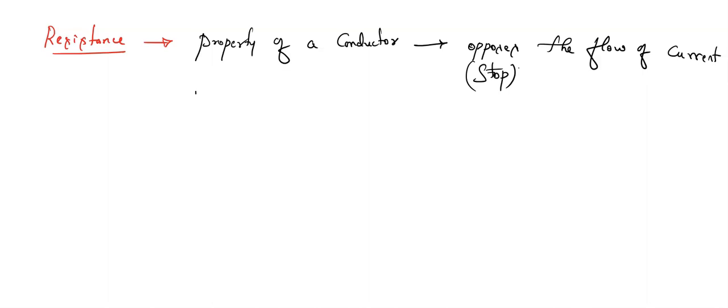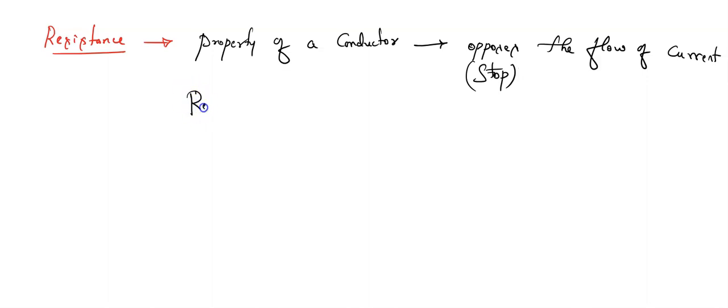So it is a property of a conductor by virtue of which it opposes the flow of current through it. Did you understand, children? Now, one important note regarding resistance: resistance is equal to the ratio of potential difference applied across the ends and the current flowing through it.